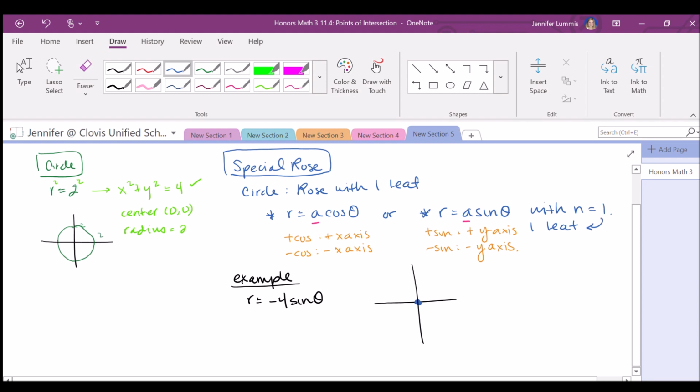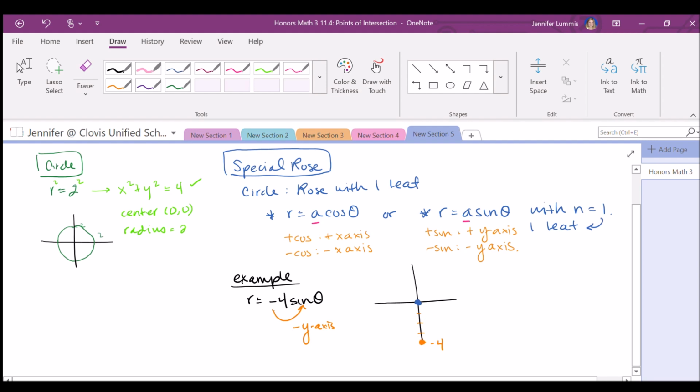And then the fact that we have negative sine tells us that we want to have our circle on the negative y-axis. So what we're going to do is from the pole, 4 units down, 1, 2, 3, 4, right here, and we plot a point.